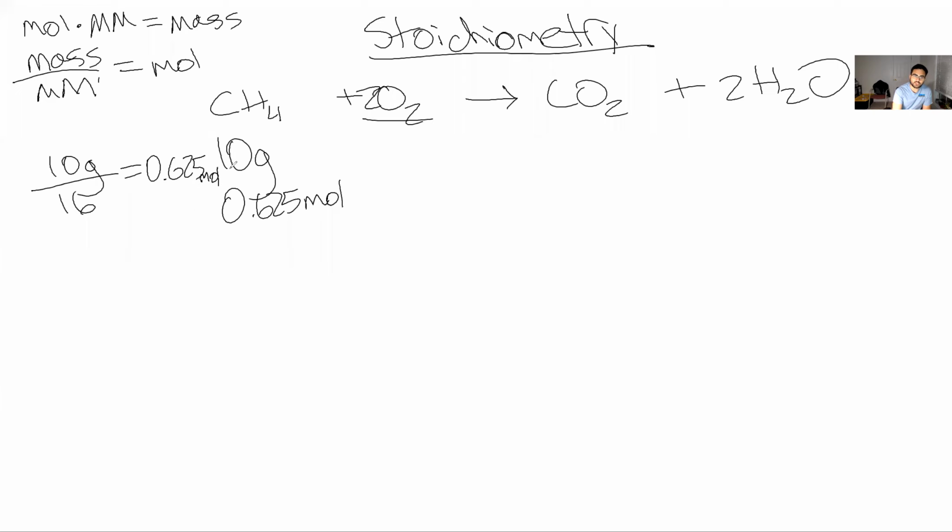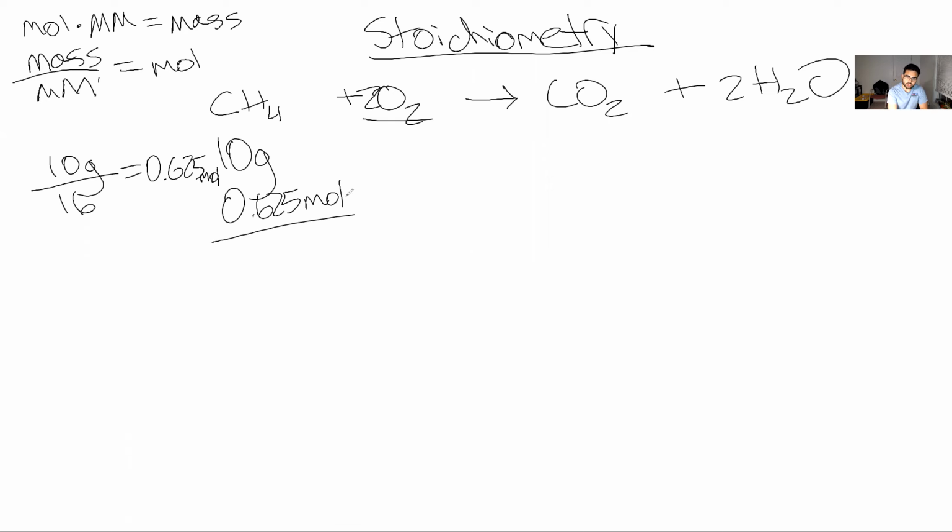Okay, so I want to figure out how many moles and how many grams of oxygen I need to completely get this reaction all the way done. The way I do that is by multiplying what I want over what I have, once I'm in moles. I can only do this once I'm in moles.